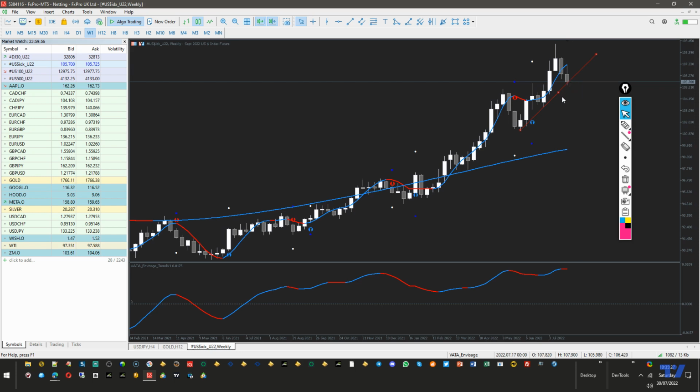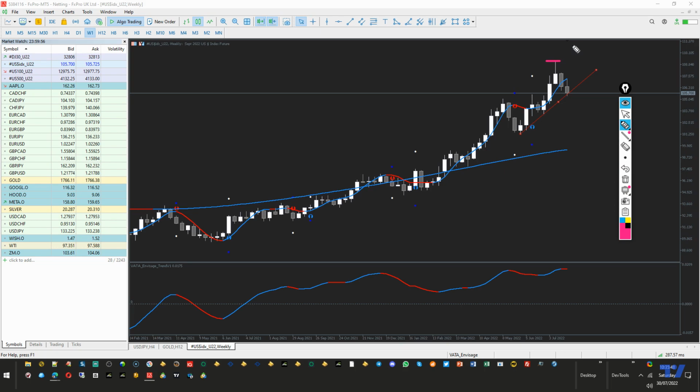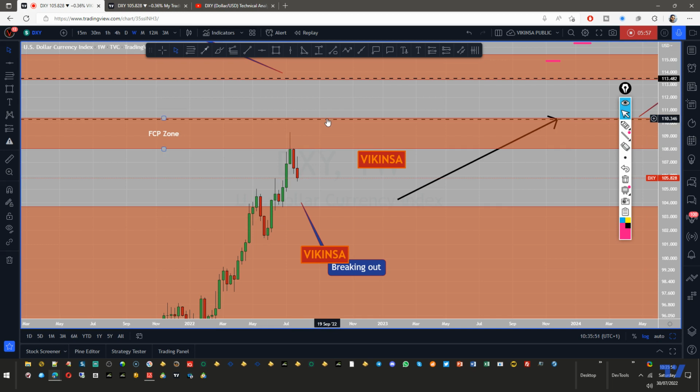If it does not become bullish, and it turns out to be a bearish candle next week, the week after is quite possibly going to be a bullish one to go back up and retest this particular line. But I'm expecting next week to be bullish, and if more bullish momentum comes in, then it's quite possible that the market will go higher than the previous high, somewhere around here, deeper into our FCP zone, which is here around 110 or so.